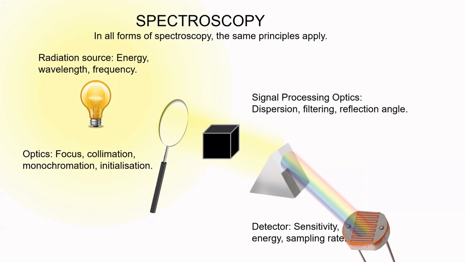So in the rest of these videos, we're going to talk you through each of these stages in turn, namely the radiation sources and the detectors. We won't say so much about the optics at the moment, because that depends very much on the particular type of experiment you're doing, but we'll then give some examples and discuss exactly how those components all fit together.